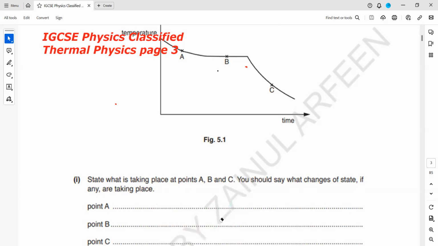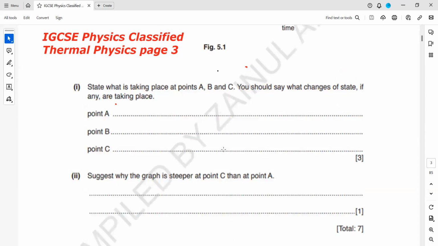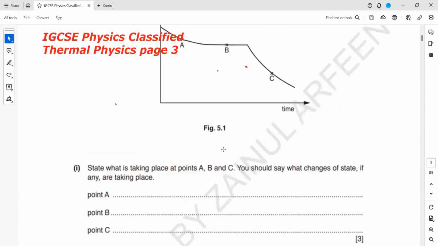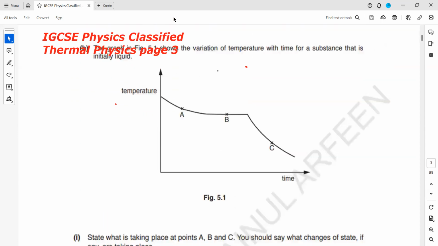Moving on to the next: suggest why the graph is steeper at point C than at A. When you compare, C is much steeper, it has a greater slope compared to A. So what might be a reason for the different gradients or slopes?